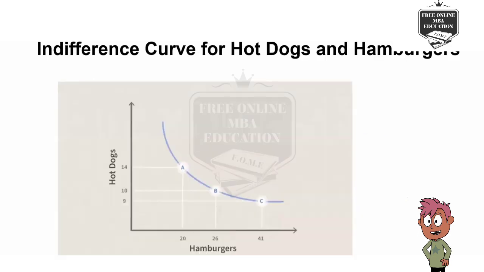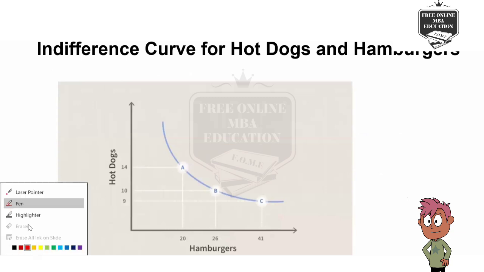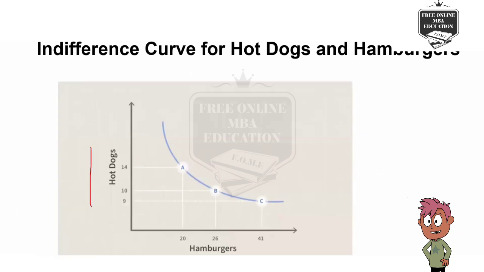Okay, let me show you this on a graph to make it more comprehensive and more understandable. We are taking two goods, hot dogs and hamburgers. Now, you have some income, you have a certain X amount of money. You go out to shop, and while shopping, you realize that you like both hamburgers and hot dogs.